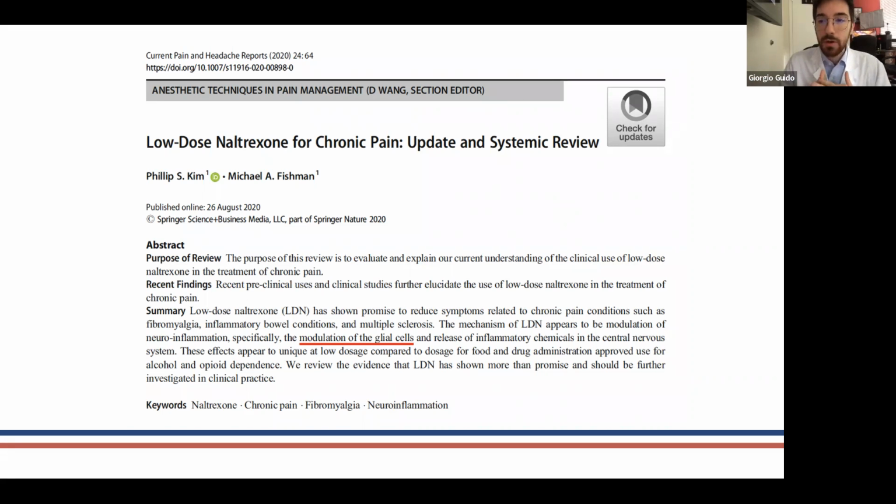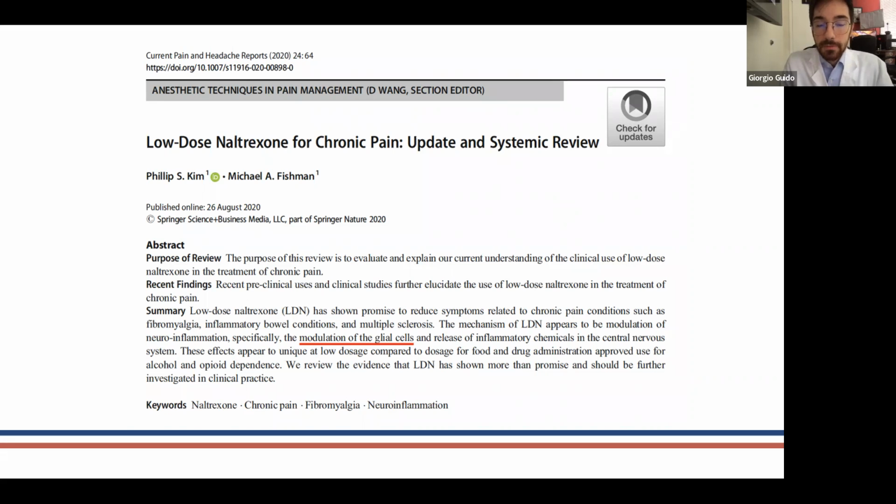I don't know if it works, so I don't want to express myself on low-dose naltrexone in small fiber neuropathy as it is for now, because we are doing some studies to assess if low-dose naltrexone can have a role in the treatment of neuropathic pain in small fiber neuropathy.